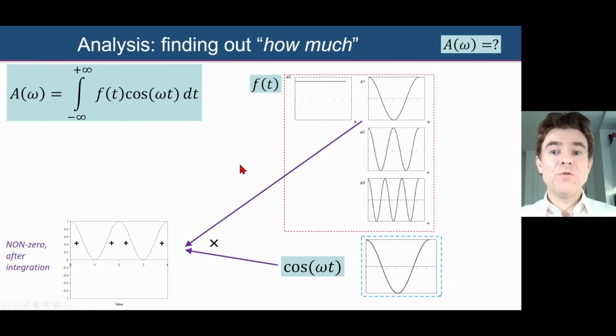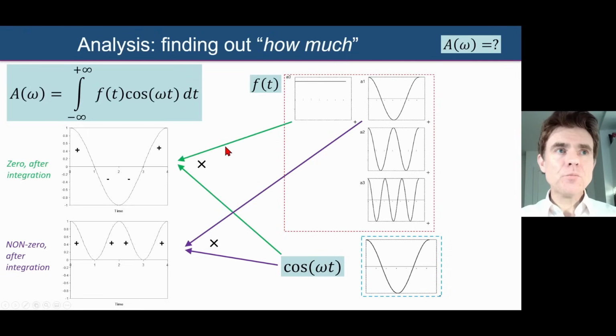So what we've done then is we've taken cos of the particular frequency omega, because we're trying to find the amount of particular frequency omega present in f of t. So what we've done is multiplied, and then when we integrate, we get an amount proportional to that frequency that is present in f of t. And the reason this works, again, key thing to understanding here, is due to orthogonality of these frequency components.